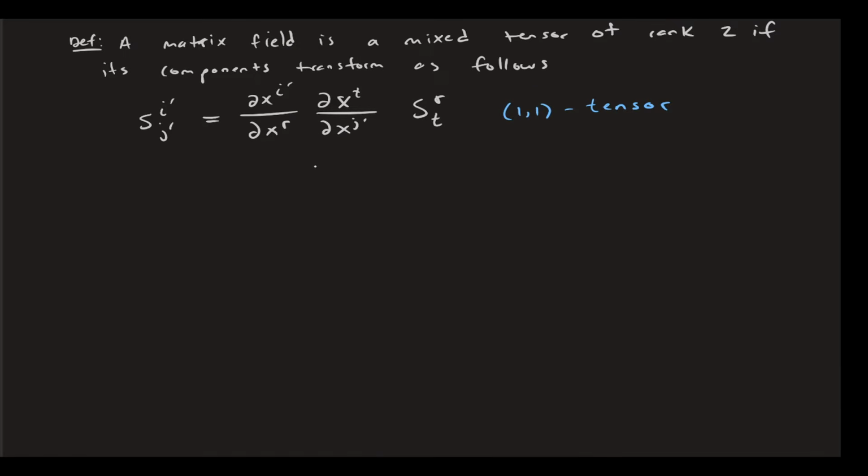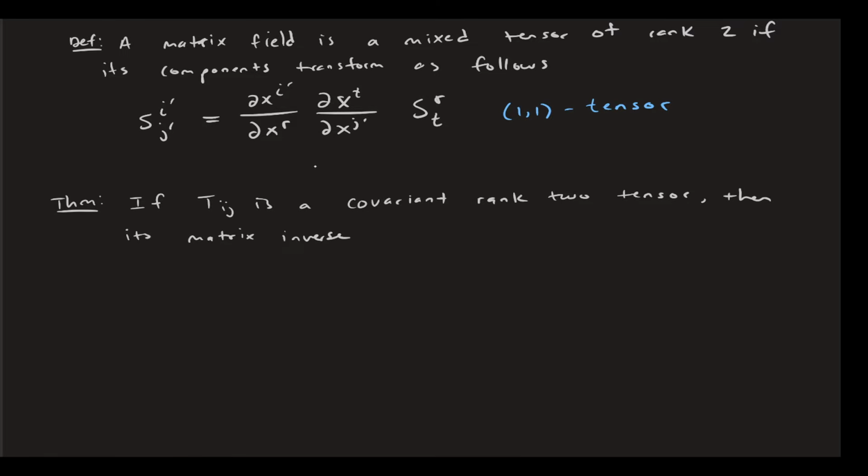There's a theorem, and it says if T_ij down is a covariant rank 2 tensor, then its matrix inverse, T_ij inverse, is a contravariant rank 2 tensor.